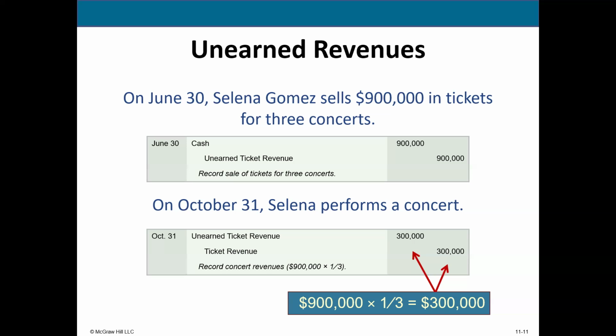She's only performed one so far. So at the end of that first concert, it's 300,000 in revenue that she recognizes. So it's 900,000 times 1/3 or 0.33, which is 1/3. So that's how we got that. I like that example. That was good.